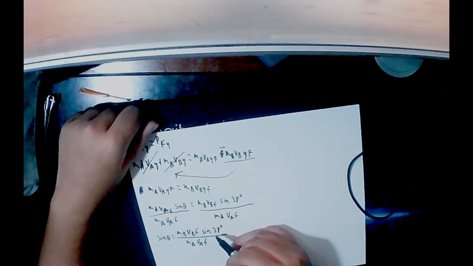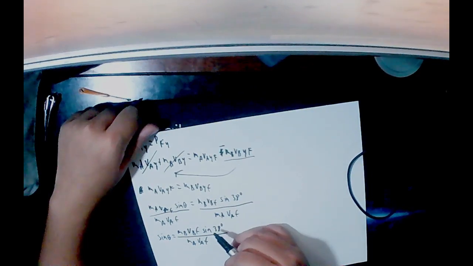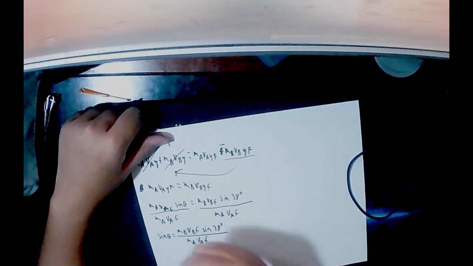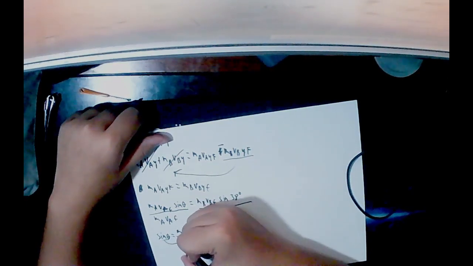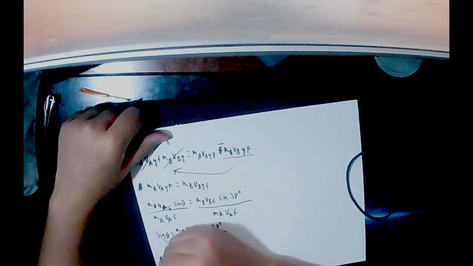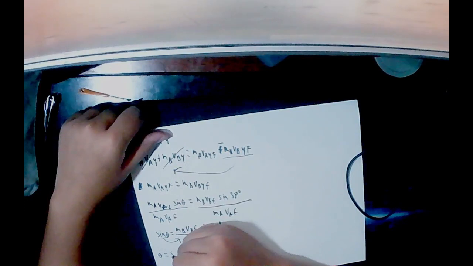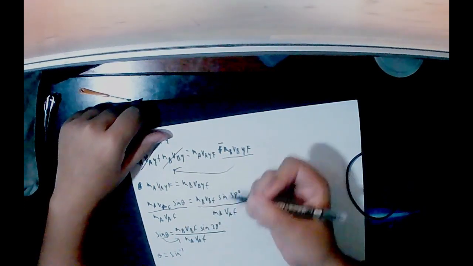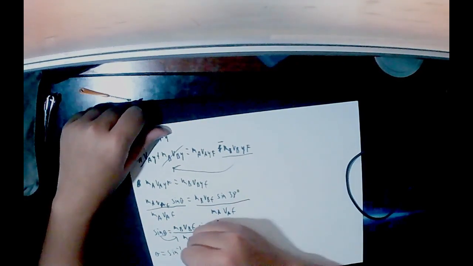So, ang susunod naman ay ang kailangan nating hanapin ay theta. So, ilalagay natin ang sine sa kabila. Okay. So, theta is equals to sine negative 1. Dito ay i-substitute na natin ang ating mga given. Okay.